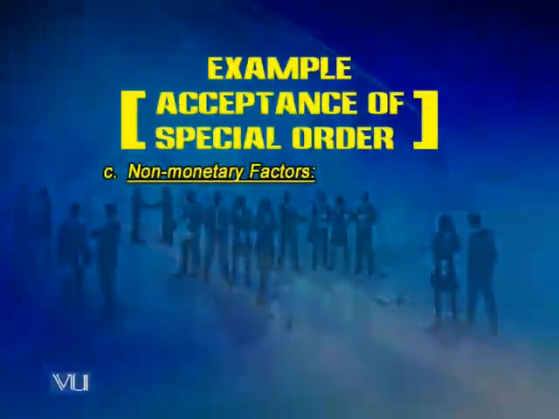That would have been an incorrect decision from the perspective of the company, and that would have led to a loss of this contribution that can result from accepting the order. So this is the basis that we should follow, and this is the difference that analyzing the cost and looking at relevant cost can make.